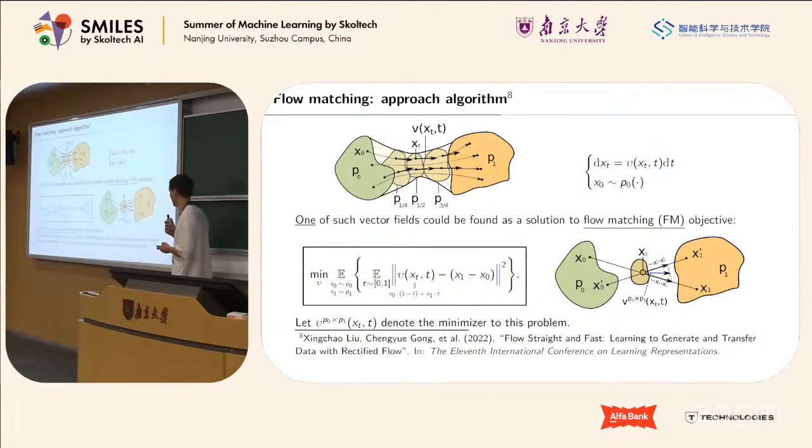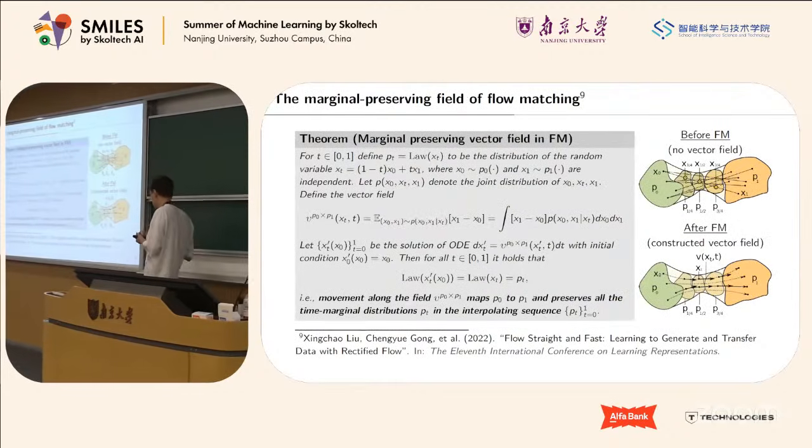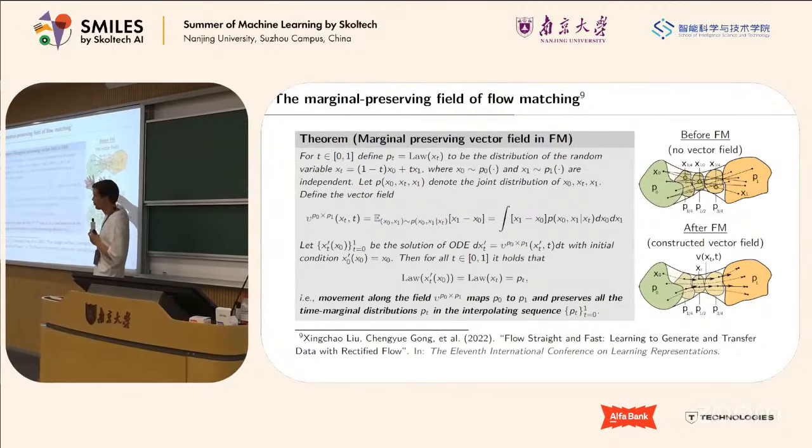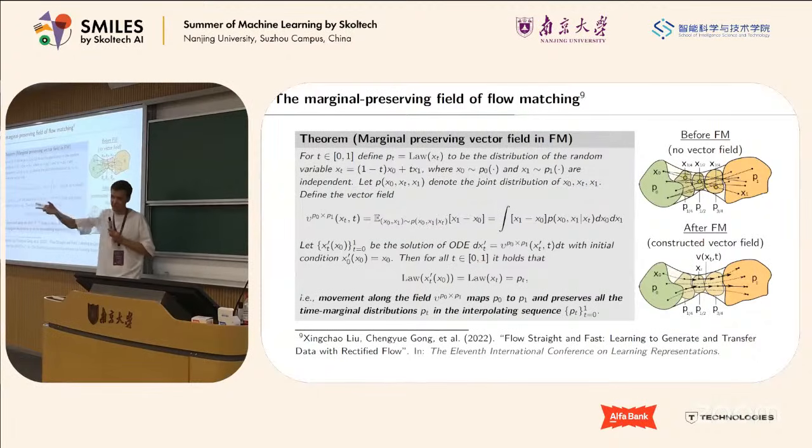This can be formalized actually in the following sense. So roughly speaking, you have original construction with two distributions, interpolation between them, and the sequence of probability distributions which does this interpolation. This sequence after flow matching is not changed. But you obtain some vector field which basically defines the same movement in the sense of the same sequence of probability distributions.